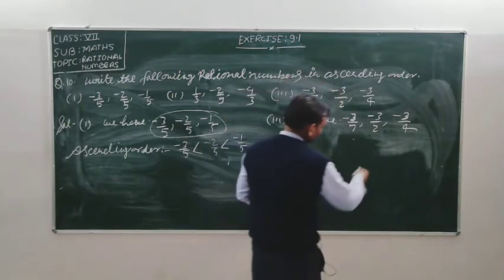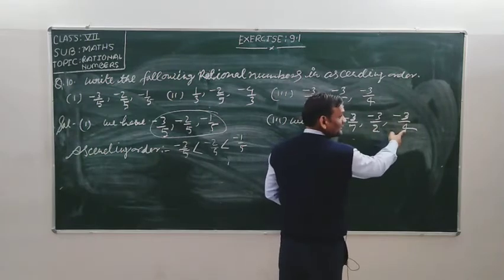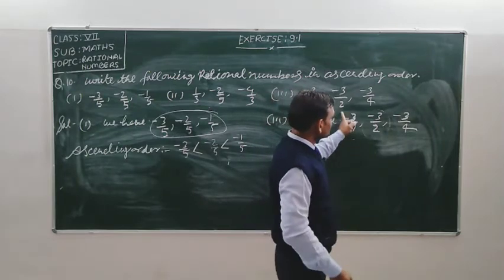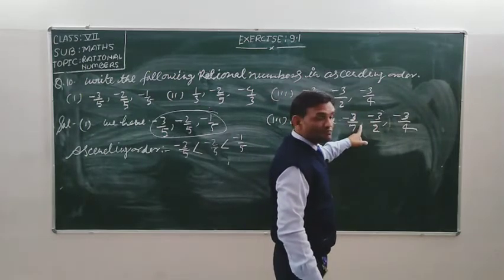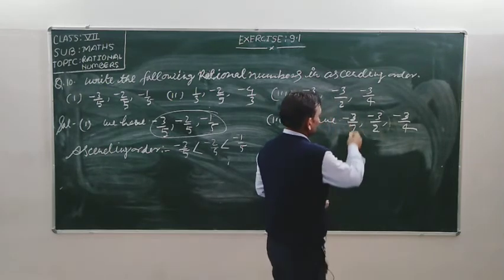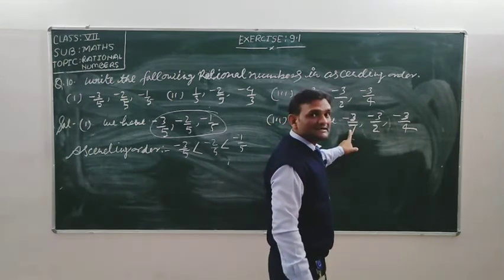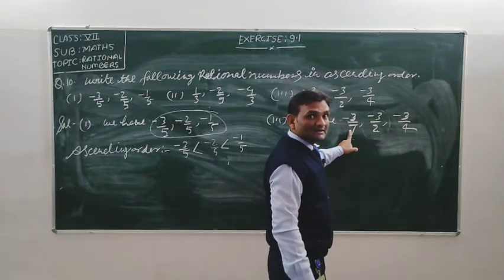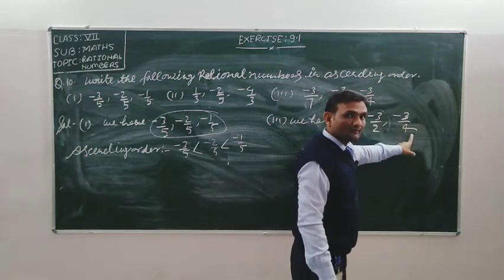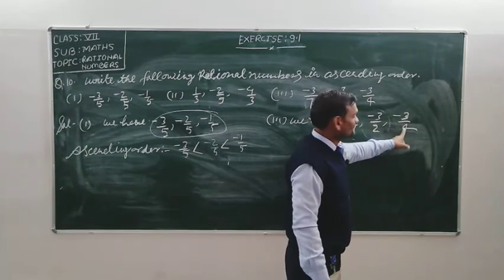So student, 4 is smaller than 7, so this is greater, and this is smaller. 7 is greater, so it is smaller, then 4 is smaller than 7, so it is greater.